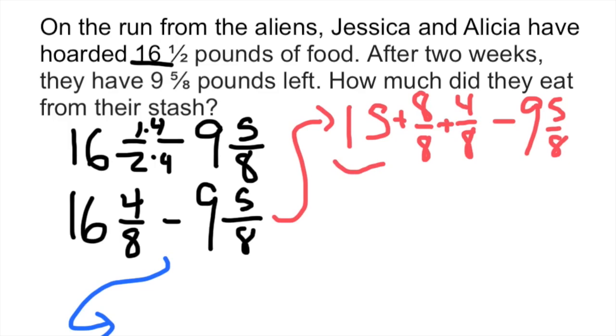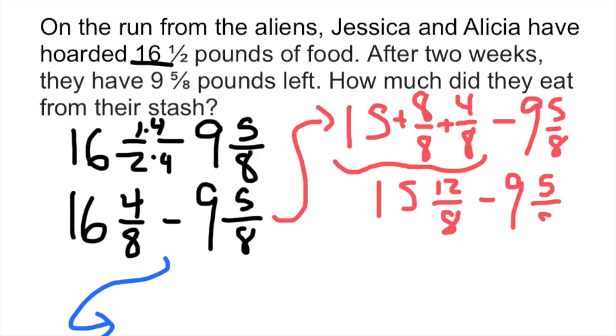So let's put this together. We have 15 plus 8 over 8 plus 4 out of 8. That is 15 12/8 minus 9 5/8. So we find that they ate 6 7/8 pounds.